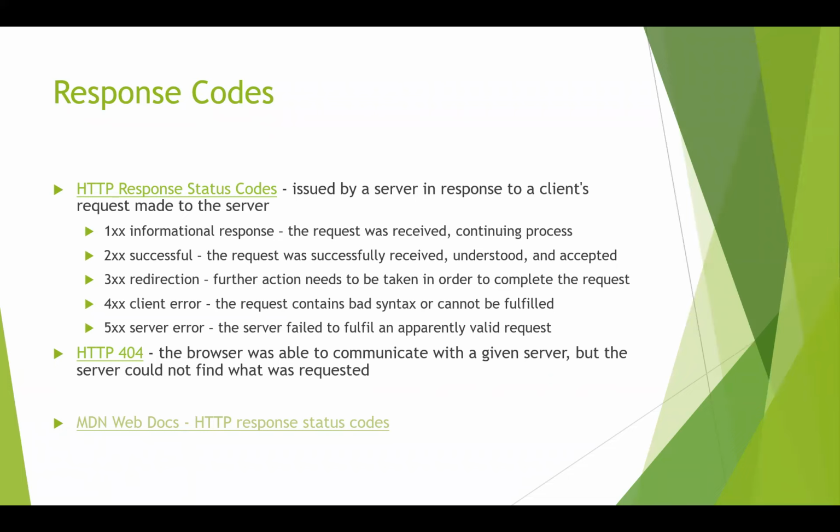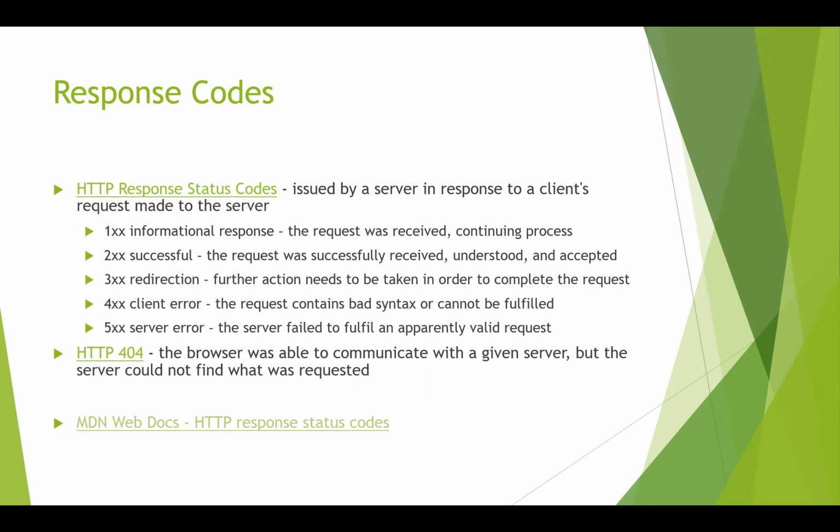So, for instance, the 100 level response is just simply to acknowledge that the request was received, and you are continuing to process, but it doesn't mean that anything was actually done. In other words, the request from the client to the server was received. Anything with a 200 response status code indicates the request was successfully received, understood, and accepted.